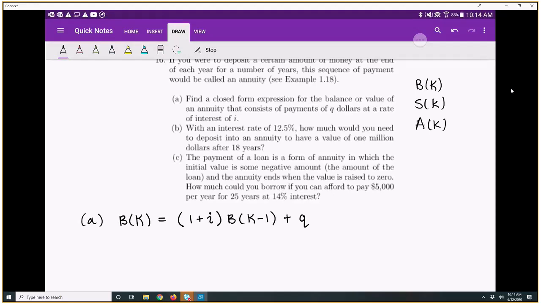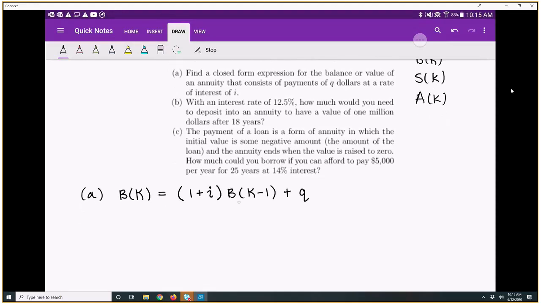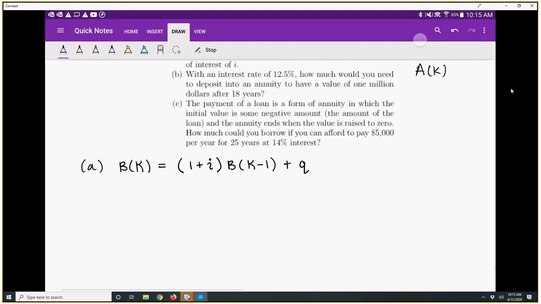This would actually be just simple interest that's only compounded once yearly. But this 1 plus I term is representing, I'm going to keep the balance of the account and I'm going to also add some percentage of the account in interest. And then the Q is how much I'm depositing.